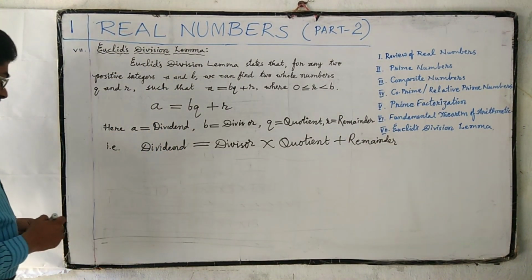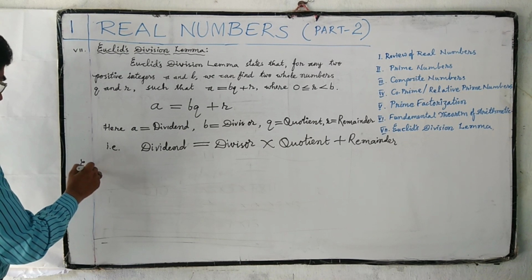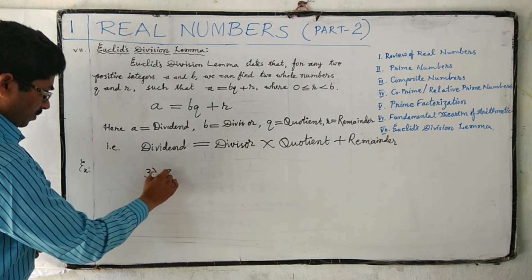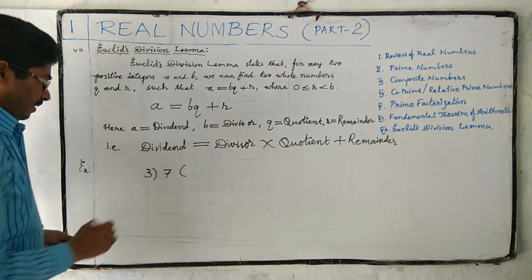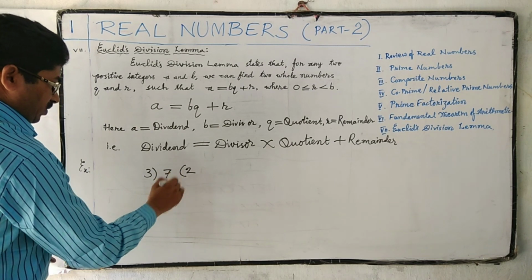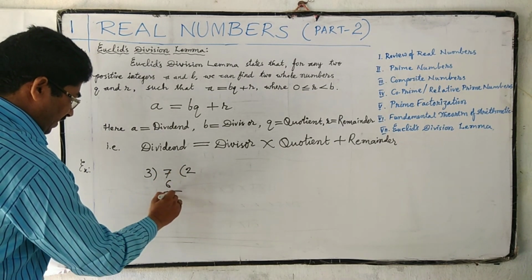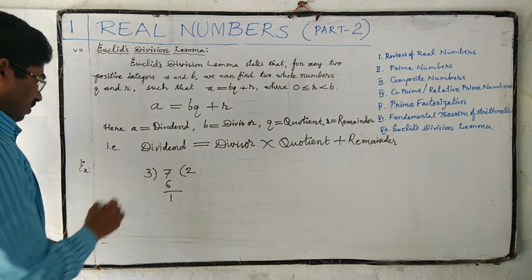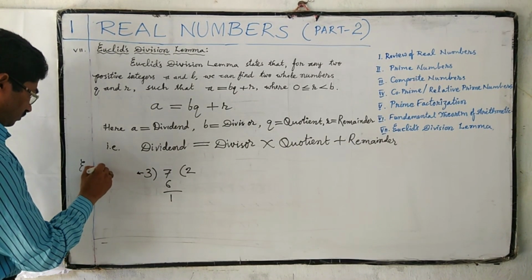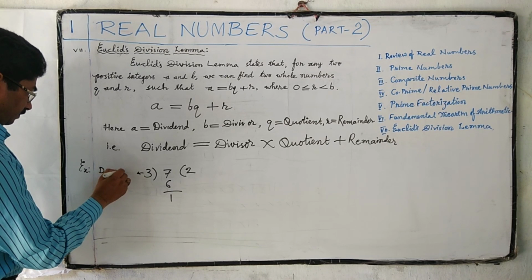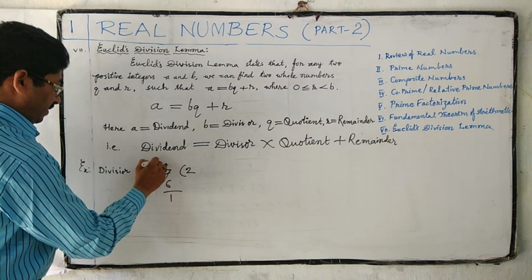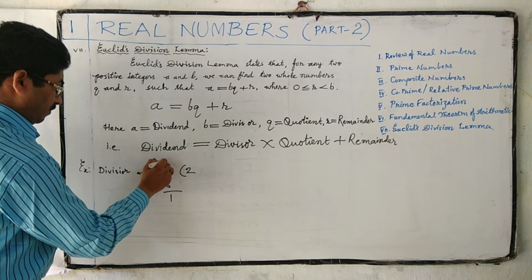Let us see one example. 3 2s are 6, 3 1s are 3, 3 2s are 6. 1 is remainder. So this is the divisor. This is the dividend.